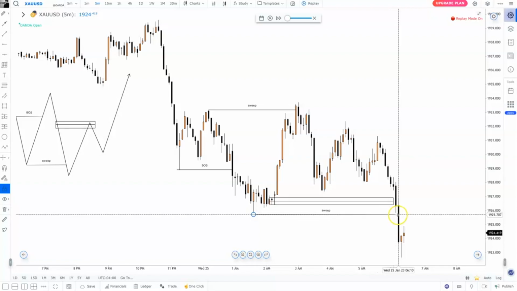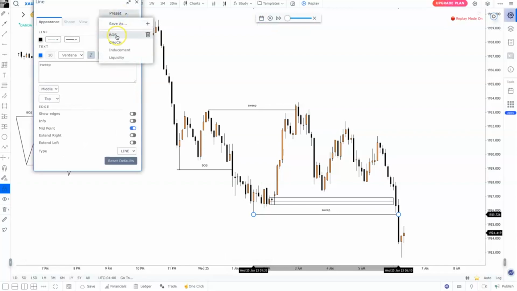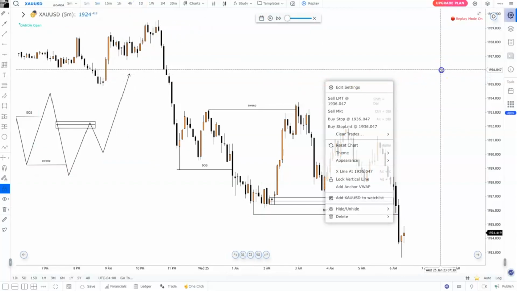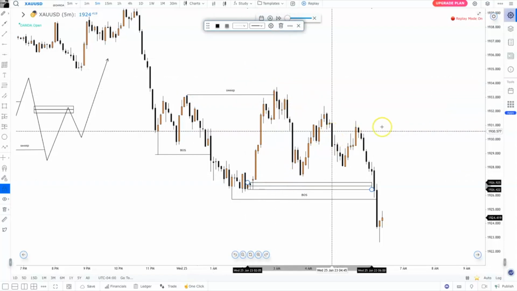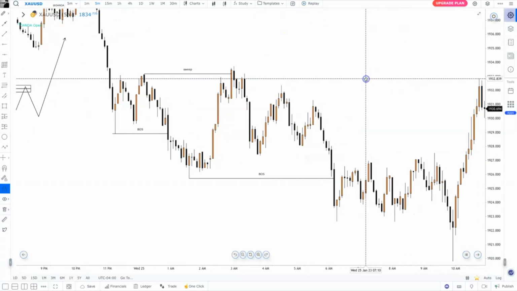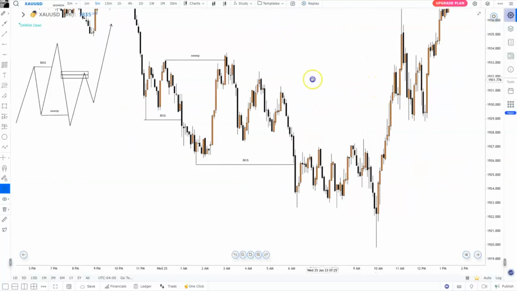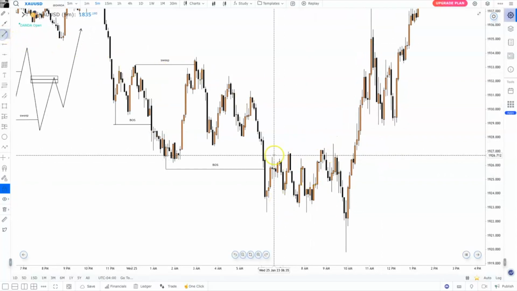Now this is my breakup structure. So this was simply a sweep right there, a liquidity taken. Now from there the market can do whatever it wants, go up or down. Let's see from here, boom, it took this high.